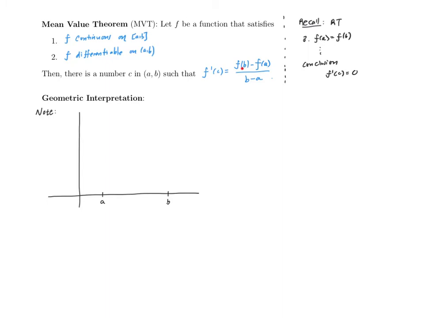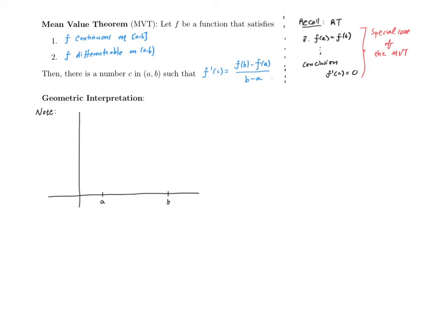Note, if f of a and f of b are equal to each other in the mean value theorem, f prime of c is equal to 0. So Rolle's theorem is just a special case of the mean value theorem. By special case, I really just mean it's a particular instance of the mean value theorem, the instance when f of a equals f of b.